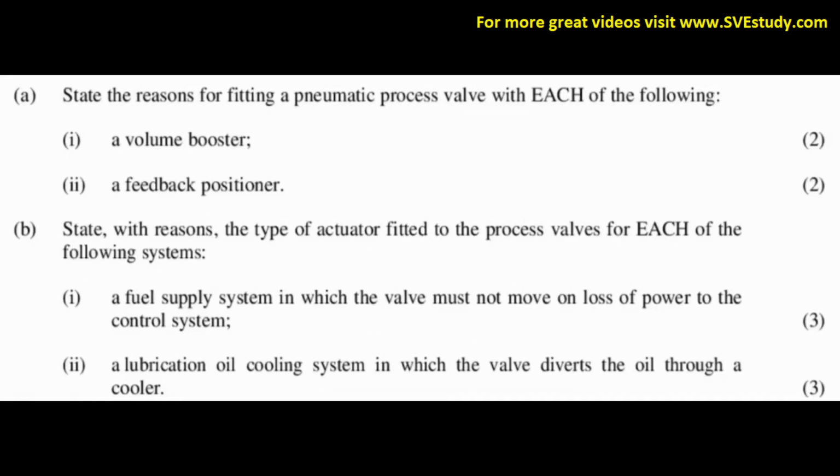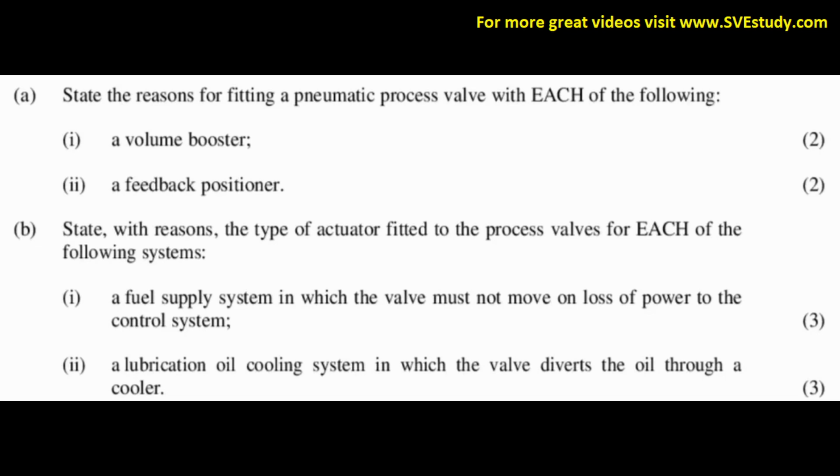A. State the reasons for fitting a pneumatic process valve with each of the following. 1. A volume booster. 2. A feedback positioner. B. State, with reasons, the type of actuator fitted to the process valves for each of the following systems. 1.